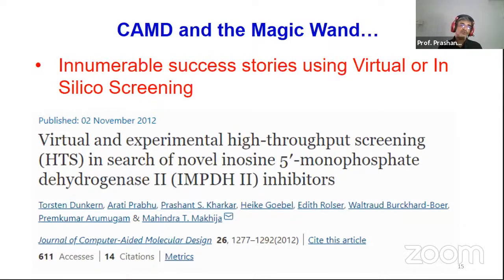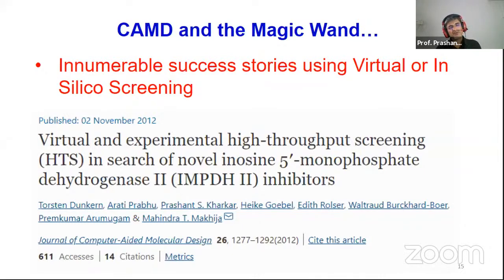Here we used almost all the approaches, including pharmacophore, structure-based drug design, ligand-based drug design, as well as cheminformatics-based approaches. You should read this paper if you are interested. The point is, with the help of a variety of approaches, we were able to come up with a structurally diverse set of molecules.